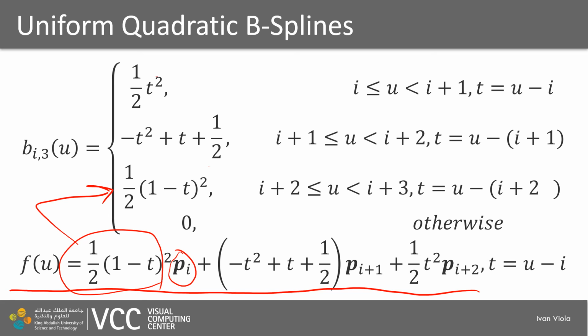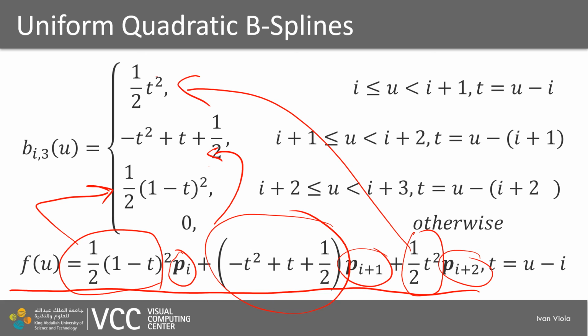And the second point in the row is weighted with the middle part of the basis function, and the last point is weighted with the first one. And we will see right away why this is the case.